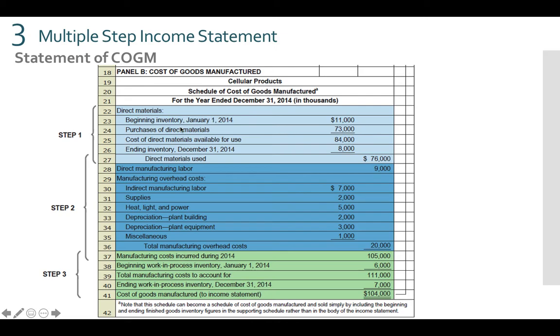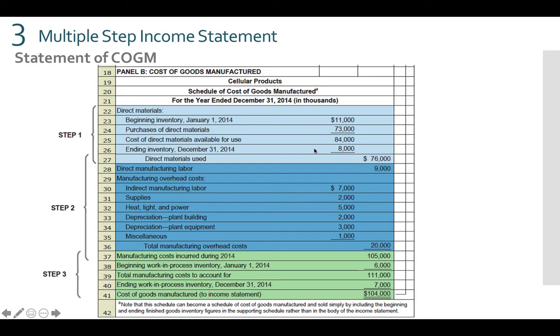And also in 2014, we purchased direct materials with the value of $73,000, which means that the cost of direct materials available for use in the year is $84,000. What we have in the beginning, which is 11,000, plus what we buy during the course of the year, which is $73,000. It means we have $84,000.